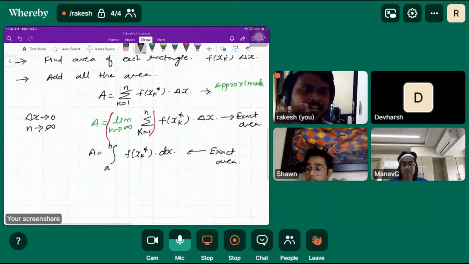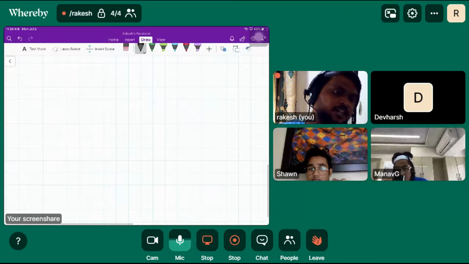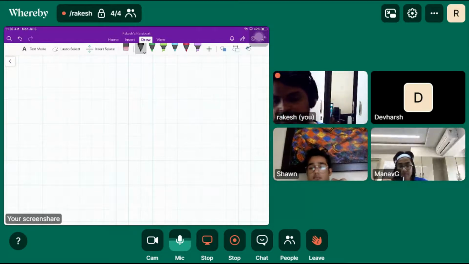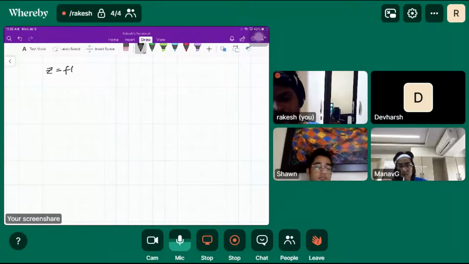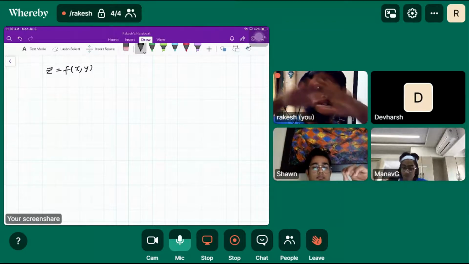We are increasing the dimension to 3 dimensions. In calc 1 the function was just y equals f of x, only one independent variable. Now in calc 3 we have z equals f of x comma y. We got two independent variables, so it will give you a surface.